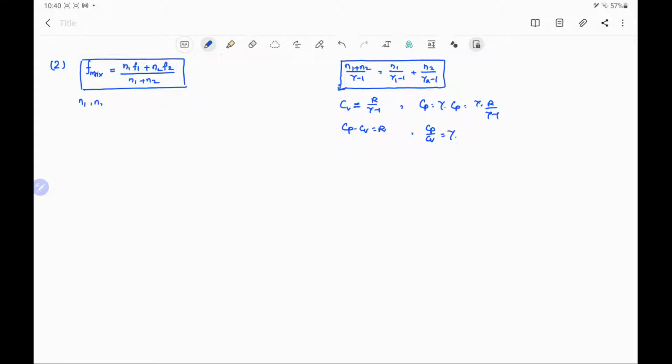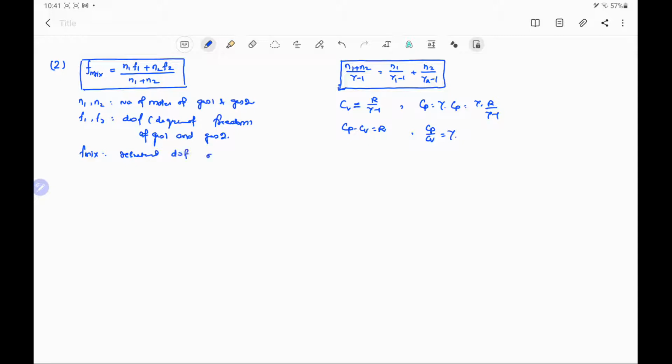Here N1 and N2 are the number of moles of gas 1 and gas 2 in the mixture, and F1 and F2 are the degrees of freedom, we write in short DOF, of gas 1 and gas 2 in the mixture, and F mix is the resultant degree of freedom of the mixture of two gases 1 and 2. So we have to derive this relation.